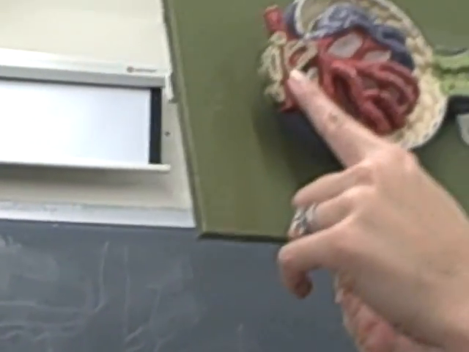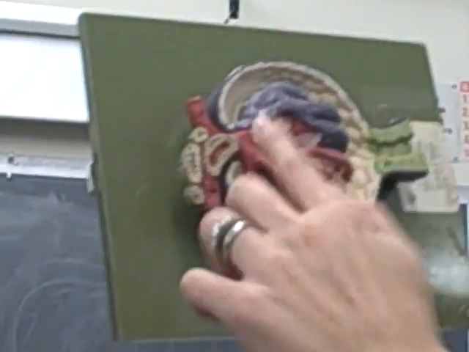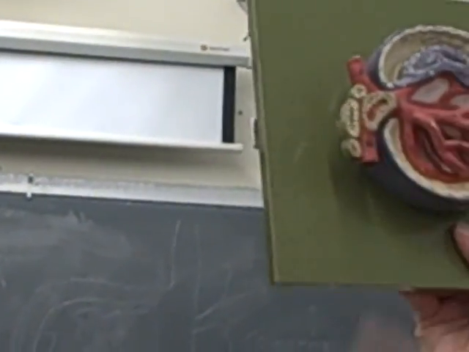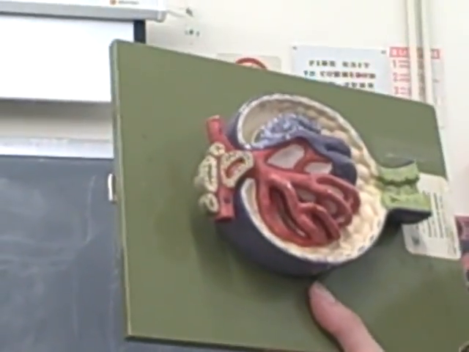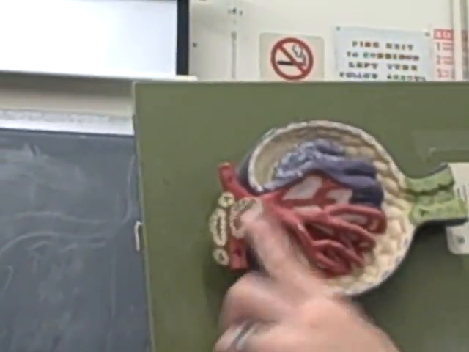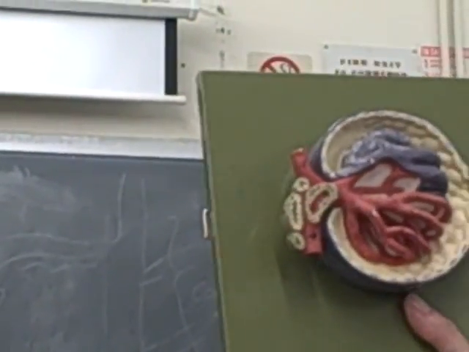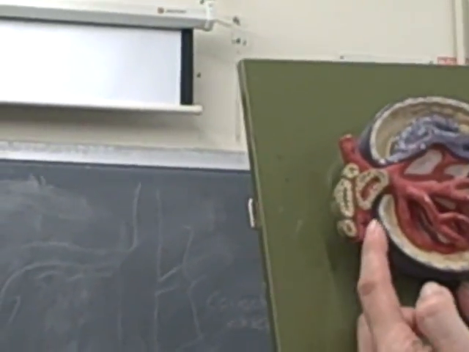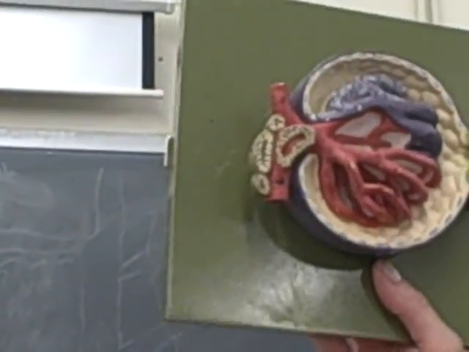Everybody sees this, it looks like a bacteria stuck to the artery. Those are called juxtaglomerular cells, okay? Juxta means next to the glomerulus. What the juxtaglomerular cells do is monitor the fluid pressure moving through the afferent arteriole.